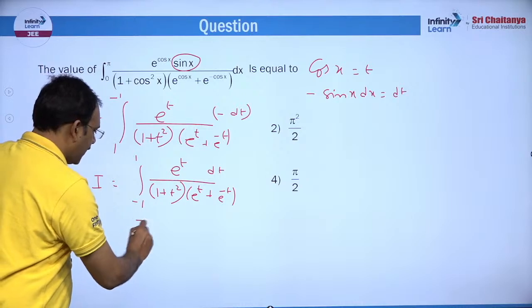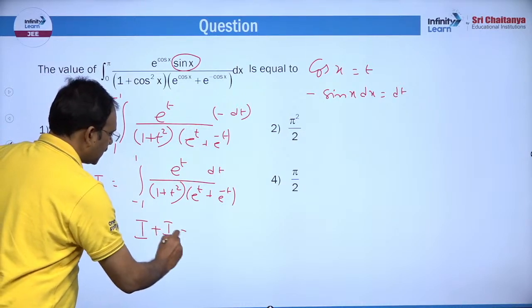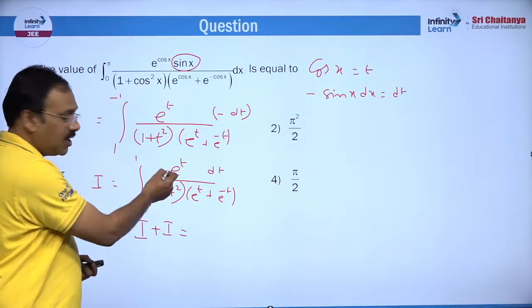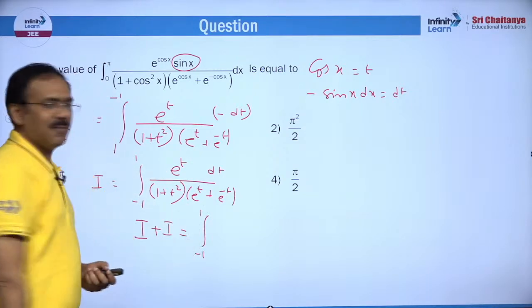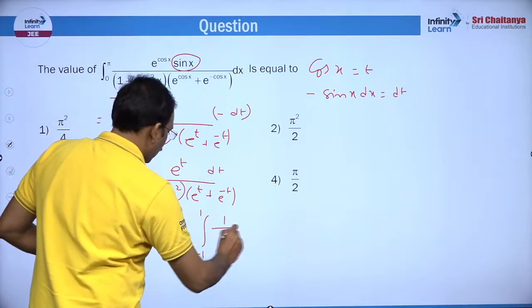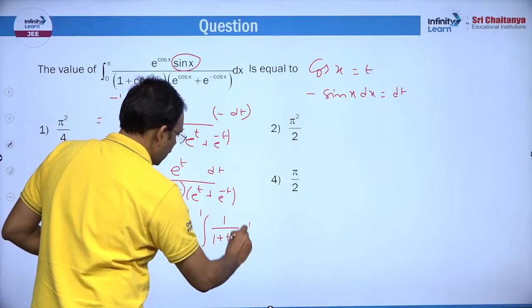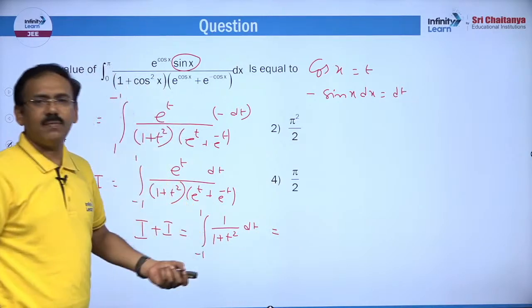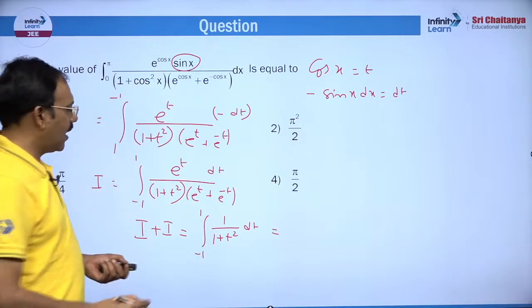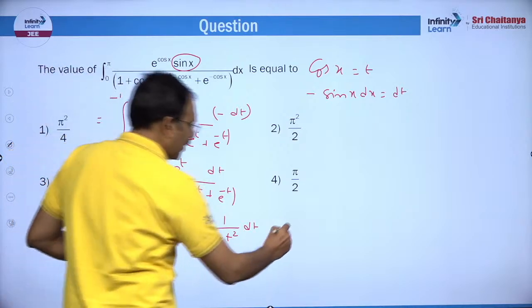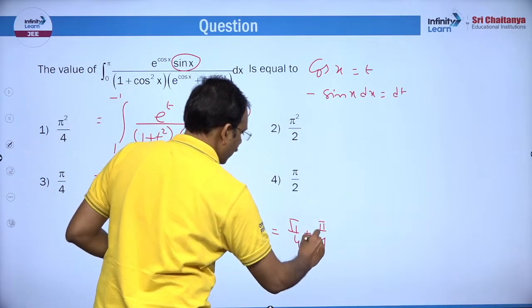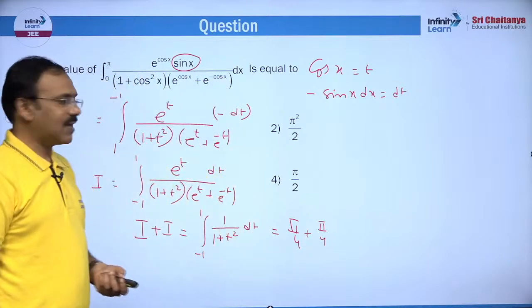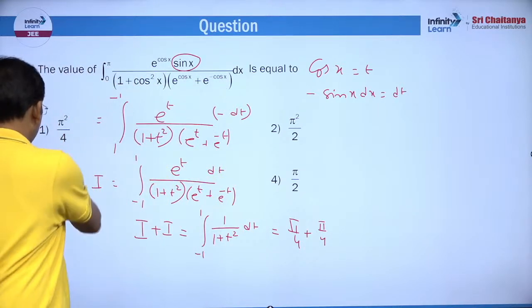So by applying King's formula, I plus I becomes e to the power t plus e to the power minus t, these two get cancelled, and the integral from -1 to 1 gives 1 by 1 plus t square dt. That is tan inverse t; applying the limits, you get pi by 4 minus of minus pi by 4.